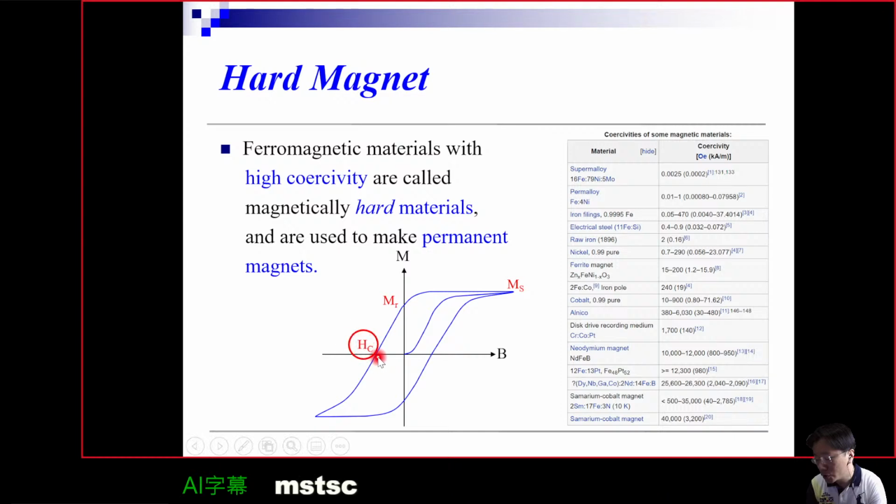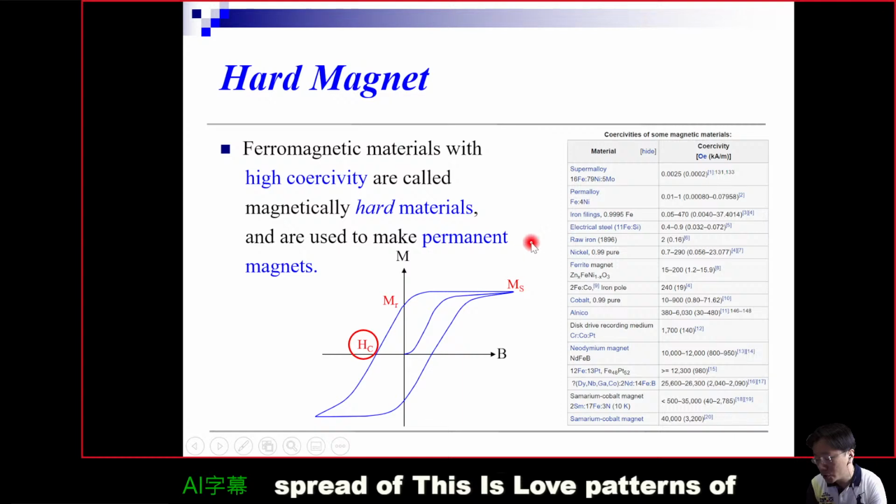HC is an index of how strongly the magnetic material can resist external magnetic field change. Shown here is a table of the coercivity of some magnetic materials, listed from top to bottom in order of HC strength.